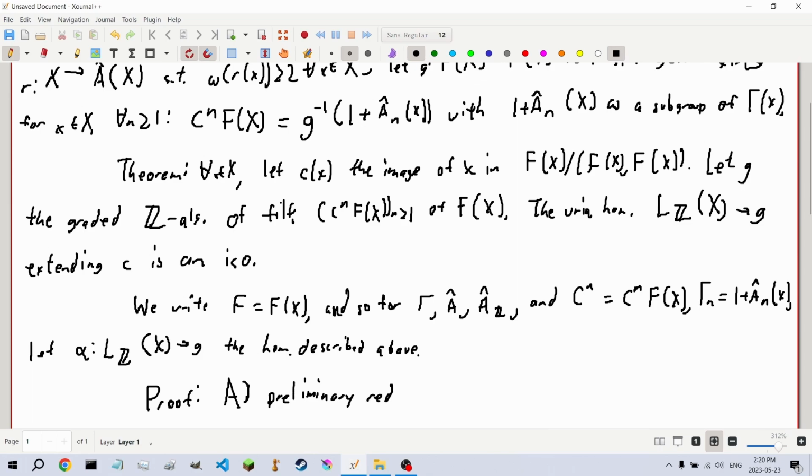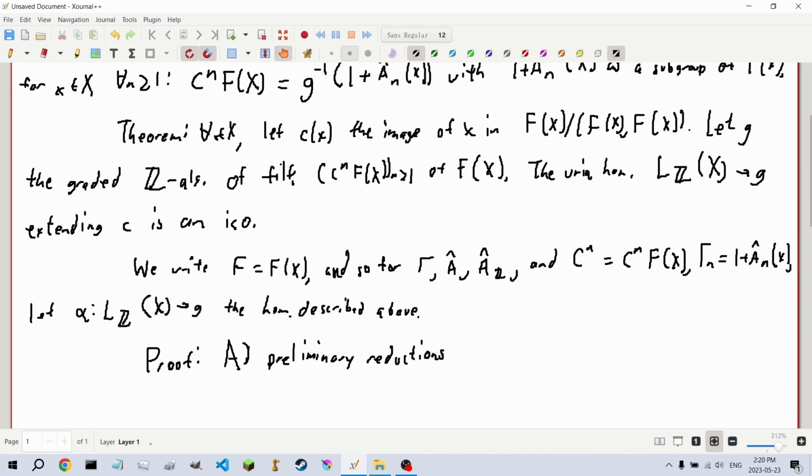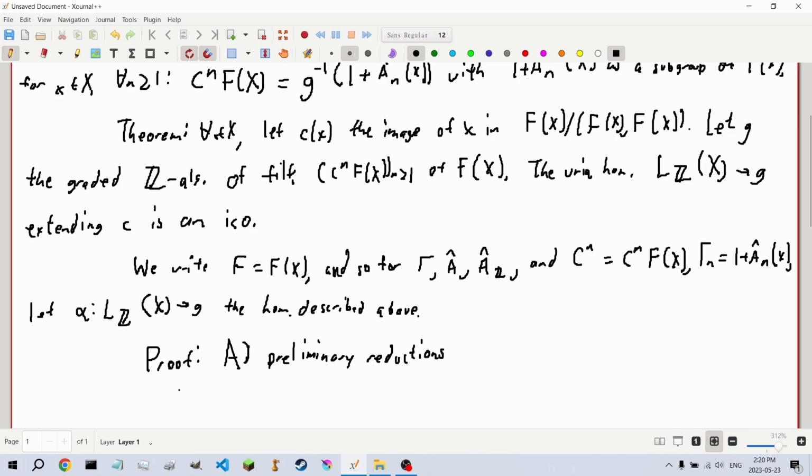Let gamma be the homomorphism of the free group to the gamma such that gamma of x is 1 plus x for all x in X.